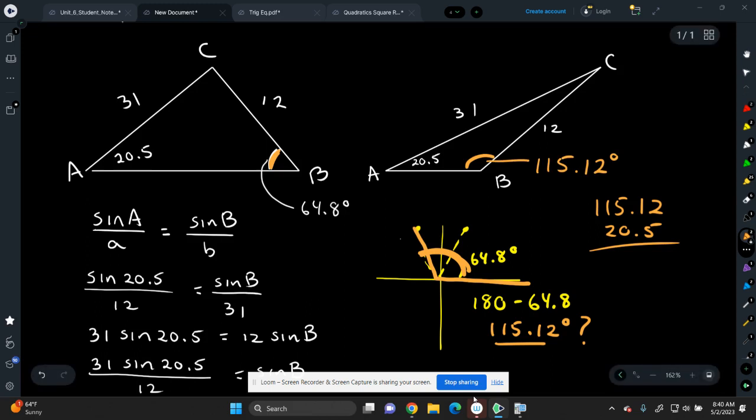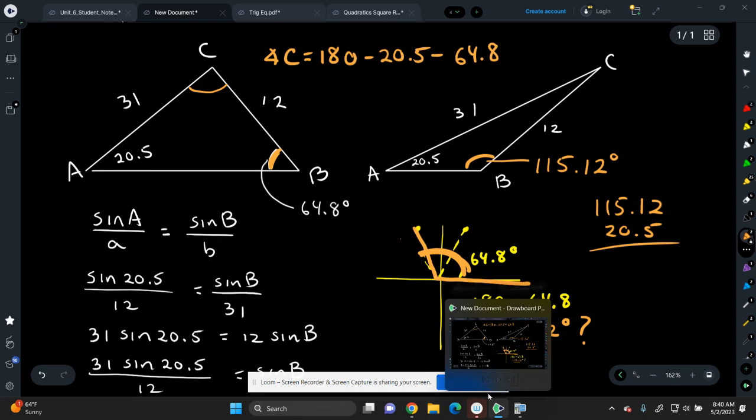That means I have to solve both triangles now, because if this is 64.8 degrees, angle C is going to be different, right? So what's angle C? 180 minus 20.5 minus 64.8.